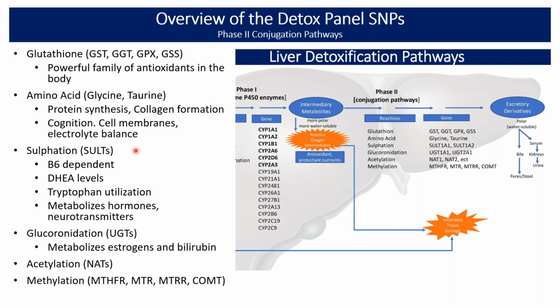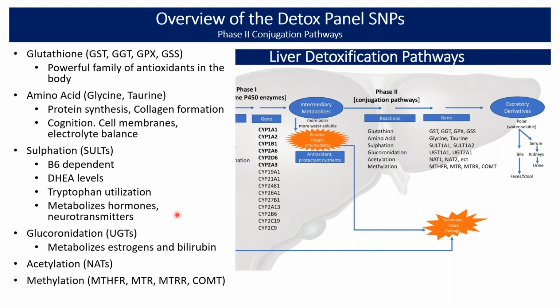We would start pushing those pro-inflammatory estrogen pathways just by not having enough DHEA. And if our DHEA is lower, we tend to have higher levels of cortisol. We can keep giving nutrients to suppress high cortisol, or we can look at the pathways of sulfation and try to improve those. So sulfation also metabolizes hormones and neurotransmitters.